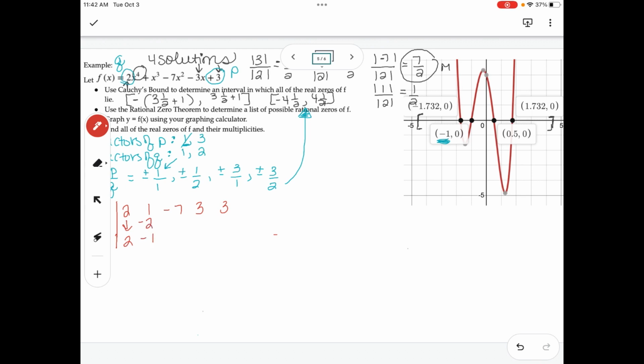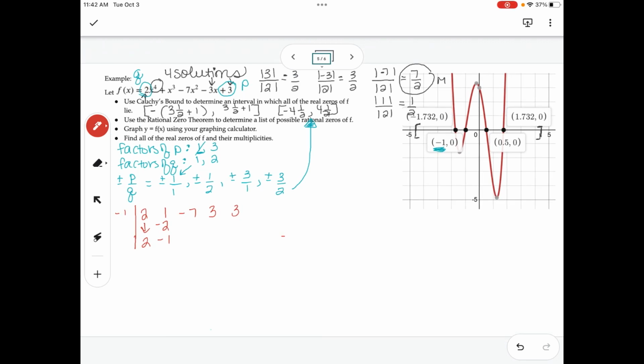When I subtract, I have -1. -1 times -1 is +1, so then I have -6. This will give me +6 when we multiply. Oops, this should be a negative. I apologize, it didn't stick. So then I have +3, -3 when I multiply, and a 0. Shouldn't surprise us. We do see that -1 is in fact a solution. Let's keep reducing.